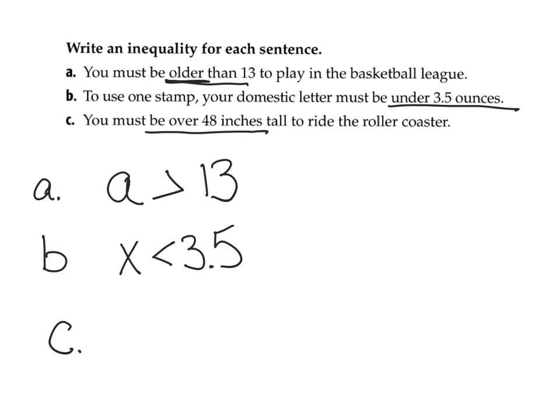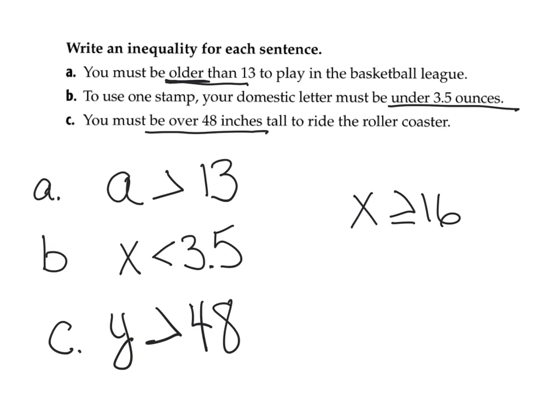So I'm going to say, let's use Y. Okay, over 48 inches tall. It did not say that you could be 48 inches tall. An example of when it would say the greater than sign, it says you must be 16 or older to drive a car. Then you could say that X is greater than or equal to 16 as an example of that.